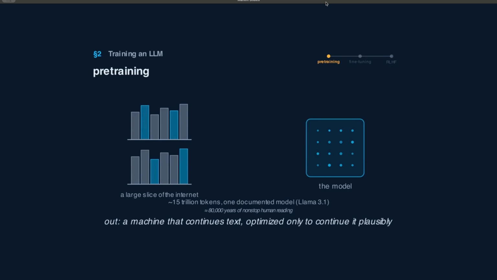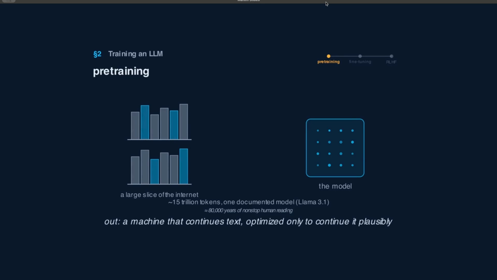The name of the game here is to give the model as much data as possible. A lot of models now try to train on the entirety of the internet, maybe a lot of different books that were published, etc. So I think to train Llama 3.1, they trained it on what they say was around 8,000 years of nonstop human reading when it comes to the volume of text, or 15 trillion tokens.